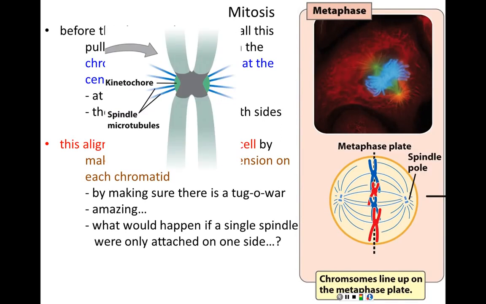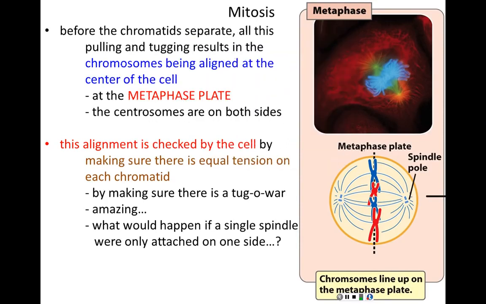So let's imagine that. One centrosome has sent a microtubule successfully to this kinetochore, attaching to this sister chromatid, but the other microtubule from the other centrosome missed, and so nothing is attached to this sister chromatid. Now they're going to try to play tug of war.